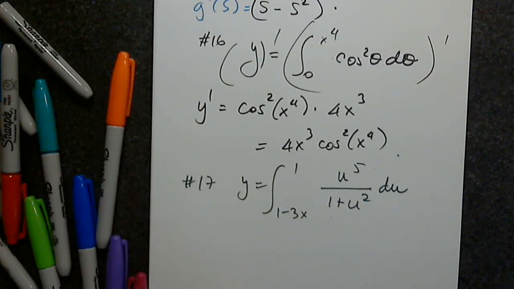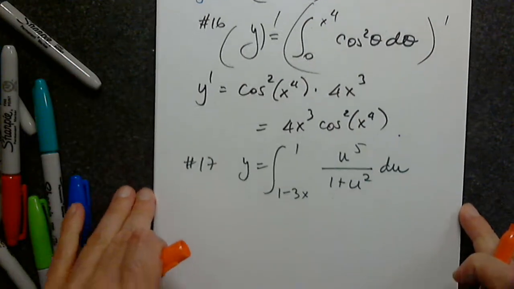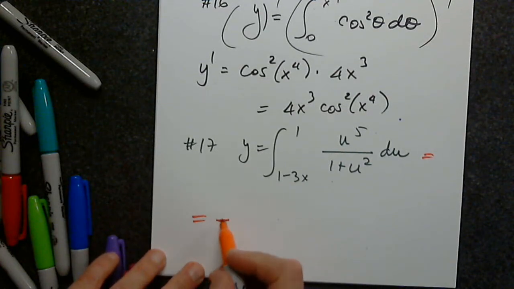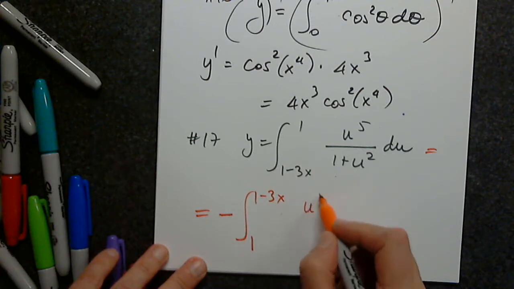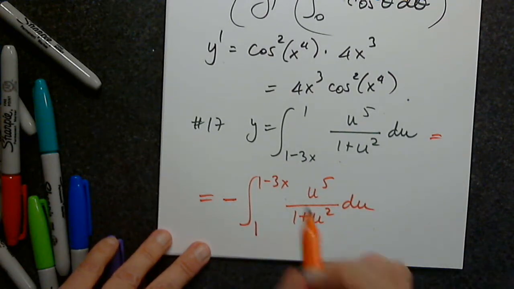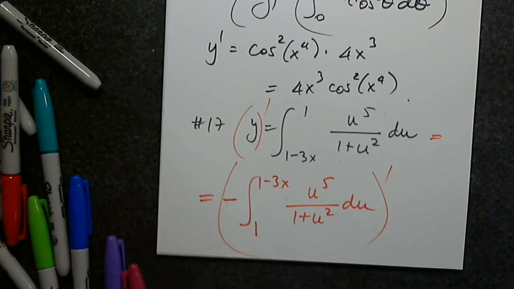But I know from last time that there is a property that allows us to do this, but something changes. What changes? Yes, negative. The integral from 1 to 1 minus 3x from u to the 5th, 1 plus u squared du. Now, I can differentiate the beginning and I can differentiate the end.